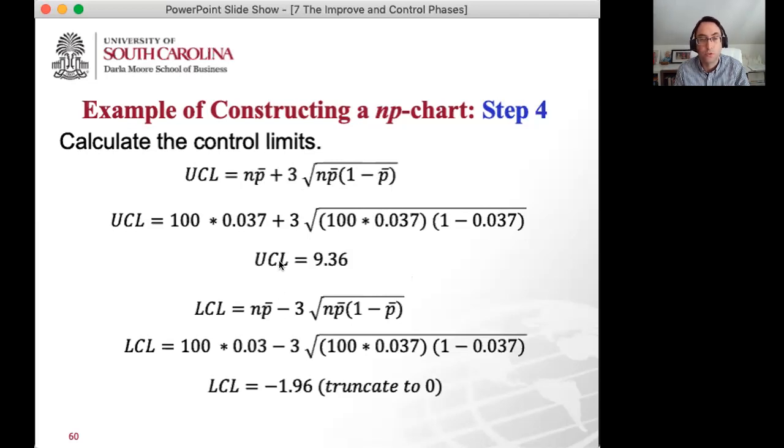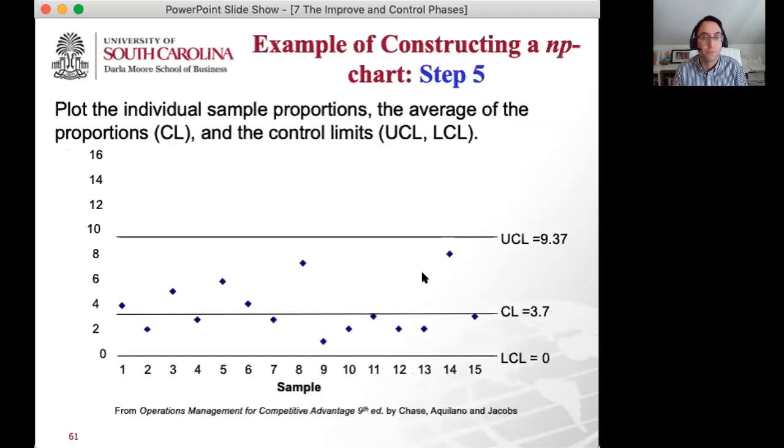So we get to our upper control limit here, 9.36, and these are in a number of defective products, right? Not in the percentage, in number of defective products. For a lower control limit here, NP bar, just follow the formula, but it's a negative number. We cannot have a negative number of defects, so we're going to truncate it to 0. Okay, so upper control limit 9.36, lower control limit is going to be 0.